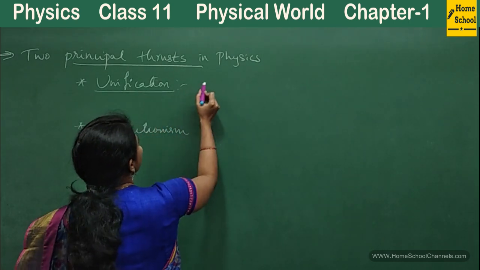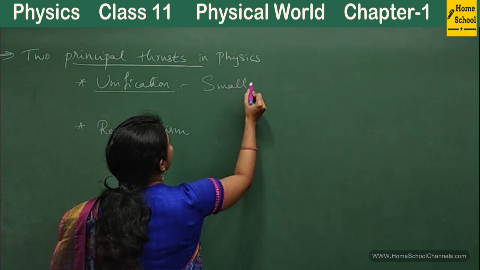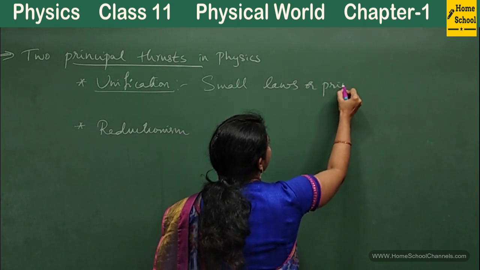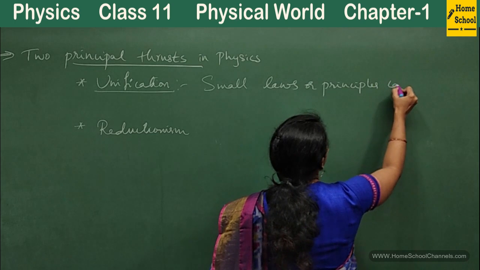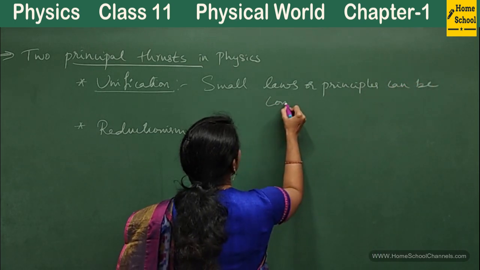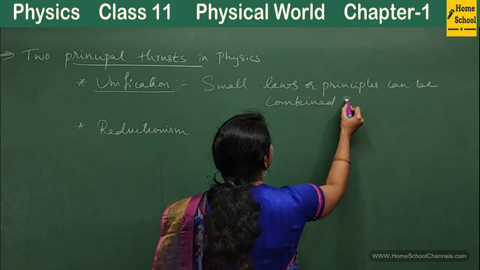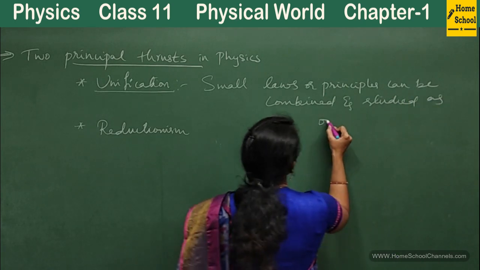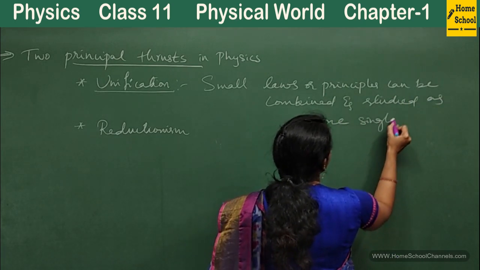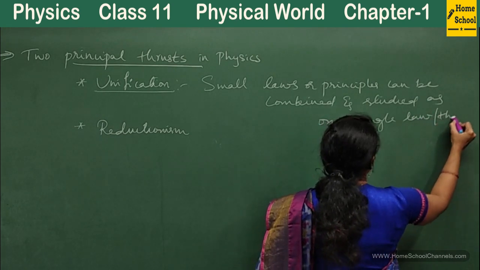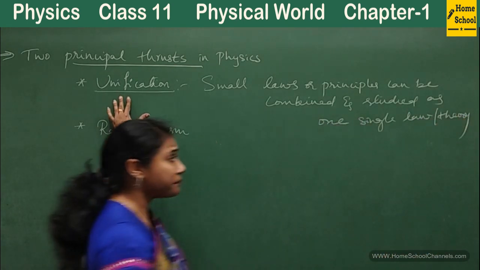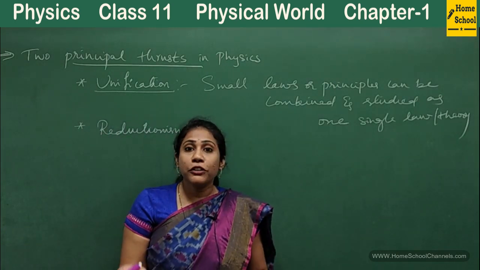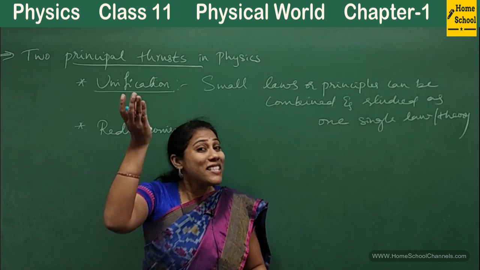So unification means small laws or principles can be combined and studied as one single law or theory. This is what we mean by unification. Say for example, when I throw this chalk piece into the air, will it stay in the air?